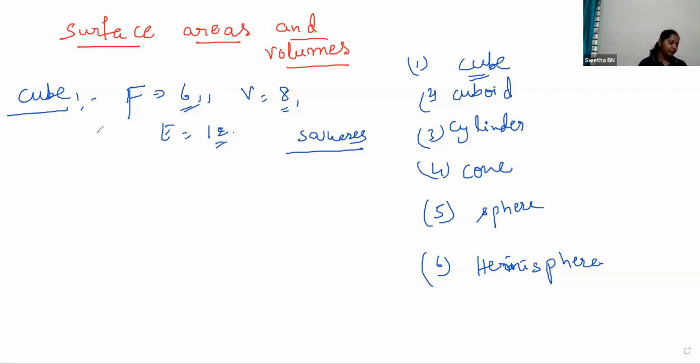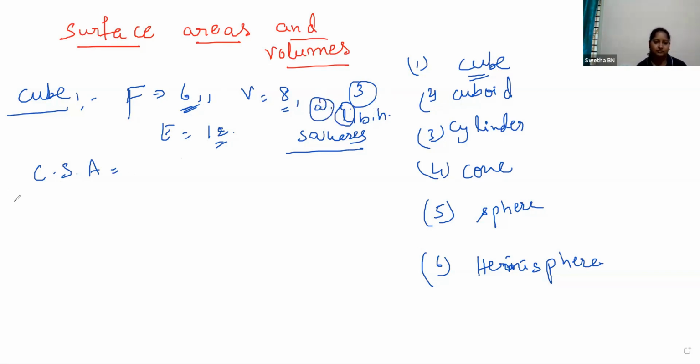Okay, so now tell me curved surface area. For cube, you know that 6 faces are there, 4 walls and top and bottom. So how many dimensions are there? 3 dimensions, that are length, breadth and height. In a cube all are equal, so we take only L, or we can take A also, no problem.